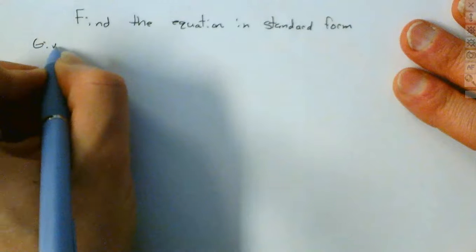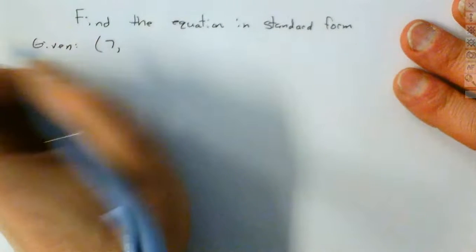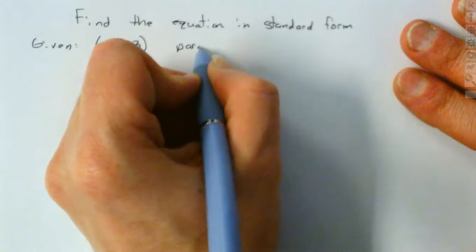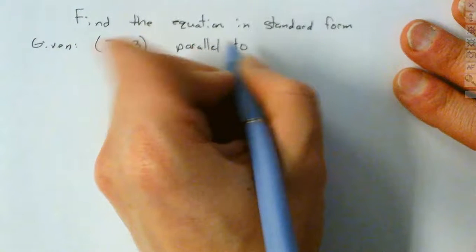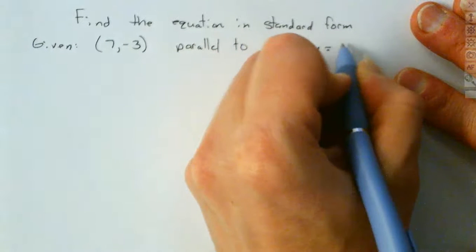And let's say you're given the point 7, -3, and I want it to be parallel to 4x plus y equals 7.